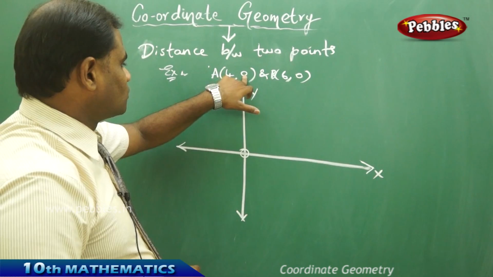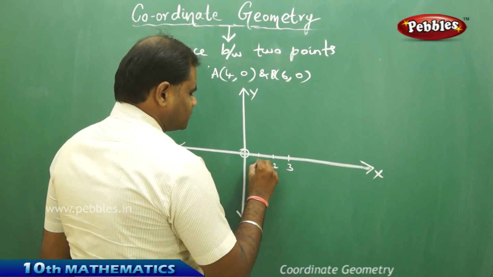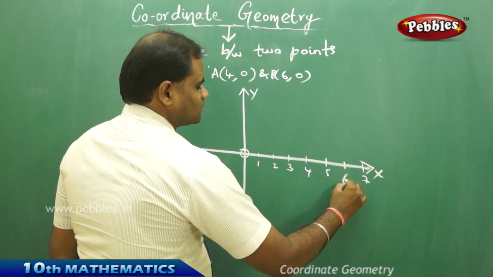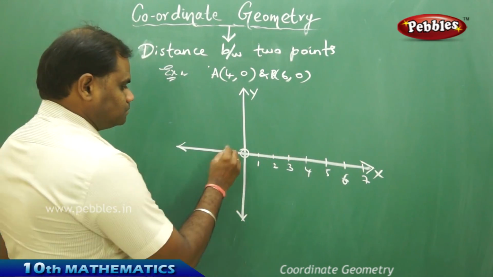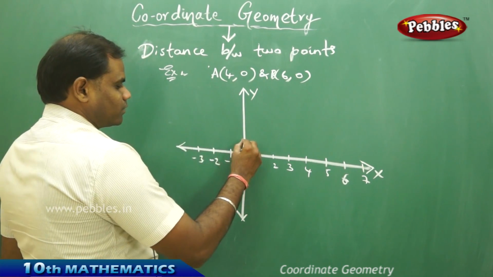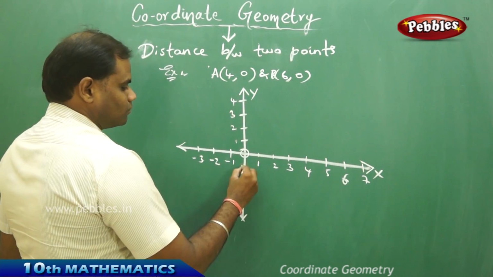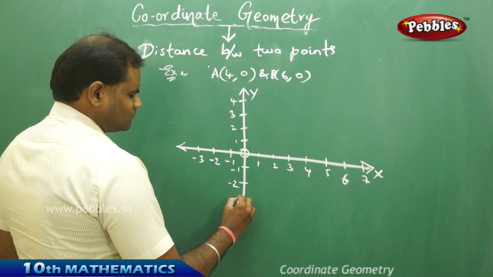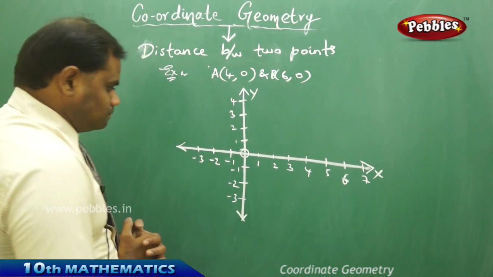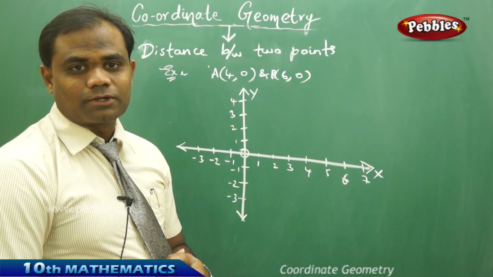Now since my A is 4, 0, let me mark the coordinates 1, 2, 3, 4, 5, 6, 7, 8, etc. On the left it is -1, -2, -3, -4, etc., and similarly on the y-axis. Now, how do I plot the point 4, 0?